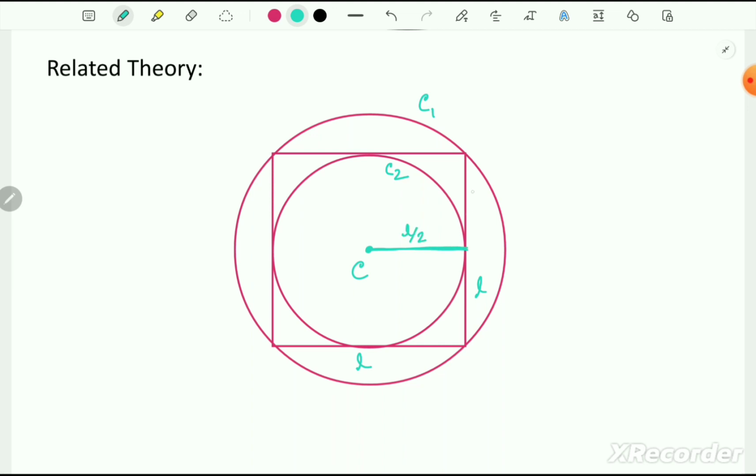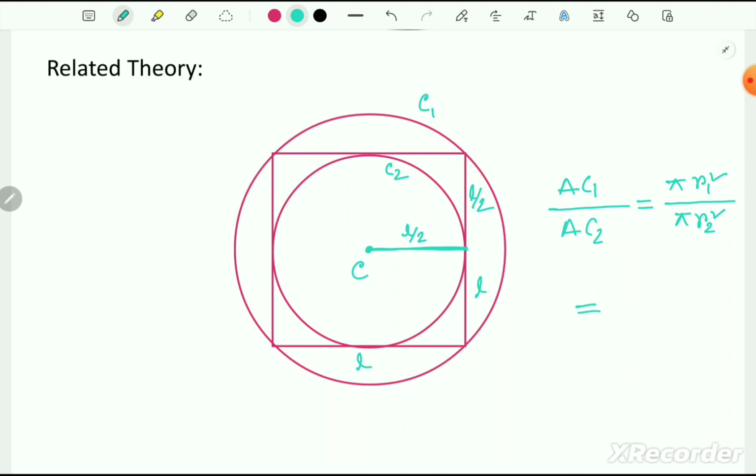Also this particular distance becomes L by 2. So if we know the radius, we can know the area of C2, that is pi r square, R2 square, and R2 equal to L by 2, R1 square. But we do not know R1.